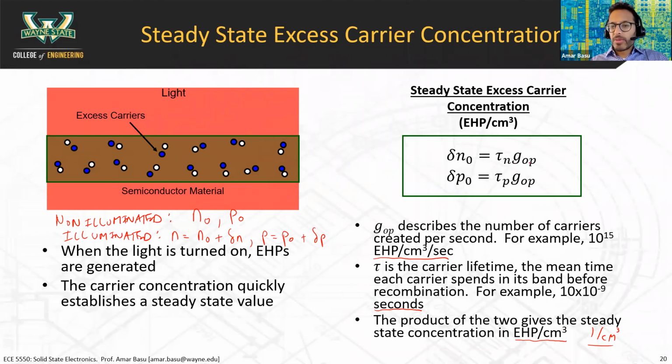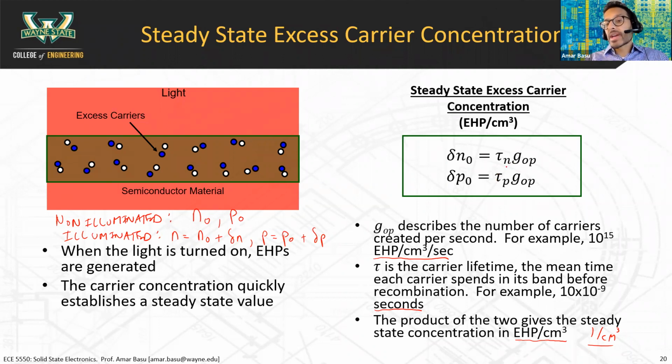GOP we already talked about. If you increase the intensity of the light source, then of course you're going to have more excess carrier concentrations because you're just generating more electron hole pairs. The second part here, the carrier lifetime: if the carriers that you generate live for a long time, then of course your excess carrier concentration is going to go up.